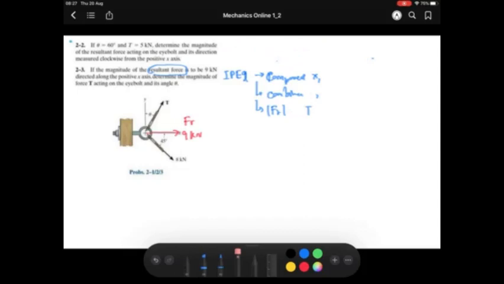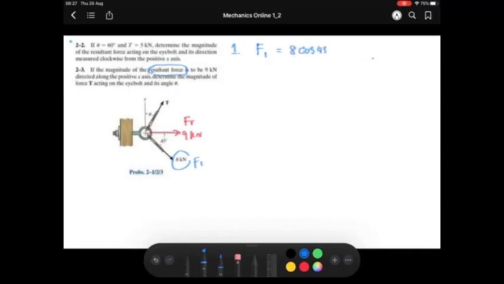In the second question, the first step is to find the components of the forces. F1 is equal to 8 cos 45 i minus 8 sin 45 j, the same as the last question.